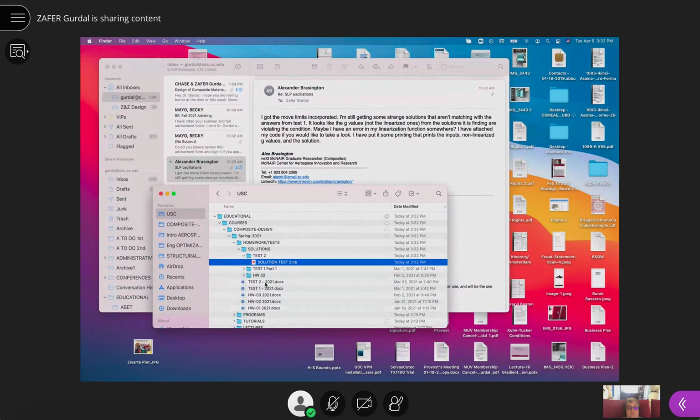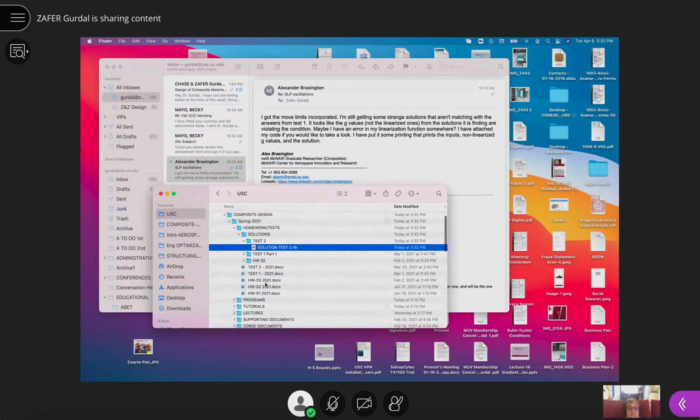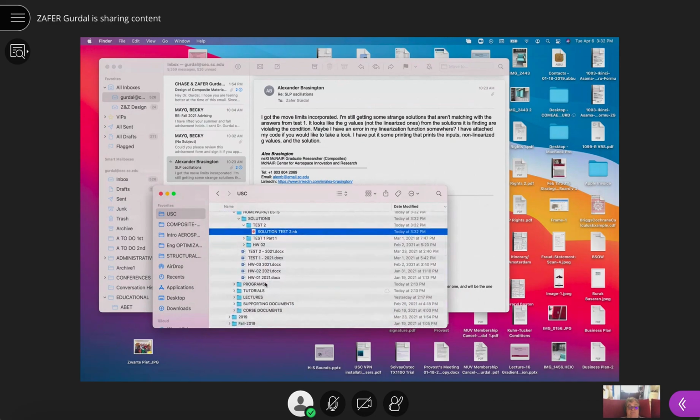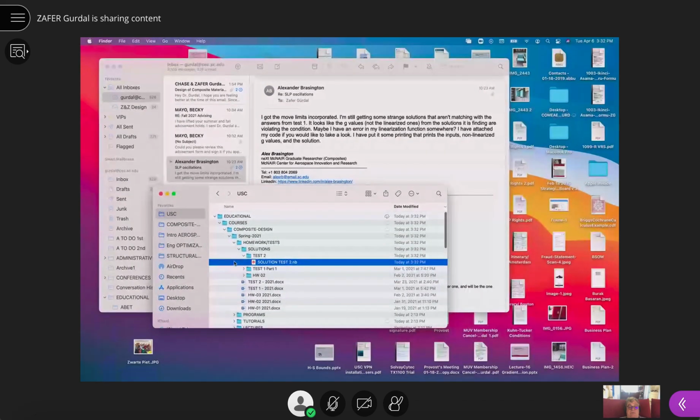Oh, no, there's only one file. So I did prepare the template, and apparently I never saved it and turned off my computer and lost that part of the solution. All right. 1, 1, 3, 4, 5 solutions. Oh, let me check the tutorials.